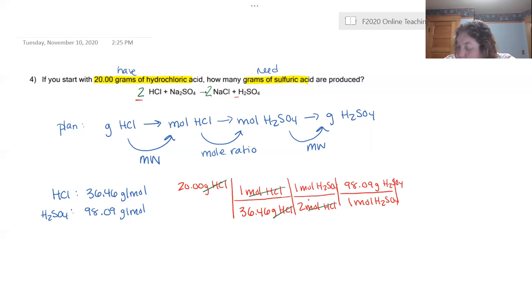Moles of HCl cancel out. Moles of H2SO4 cancel out. And at the end, I'm going to be left just with grams of H2SO4. So now I can go through and do all my math. And if I do that, if I multiply and divide everything, I get 26.90 grams of H2SO4 that can be produced.